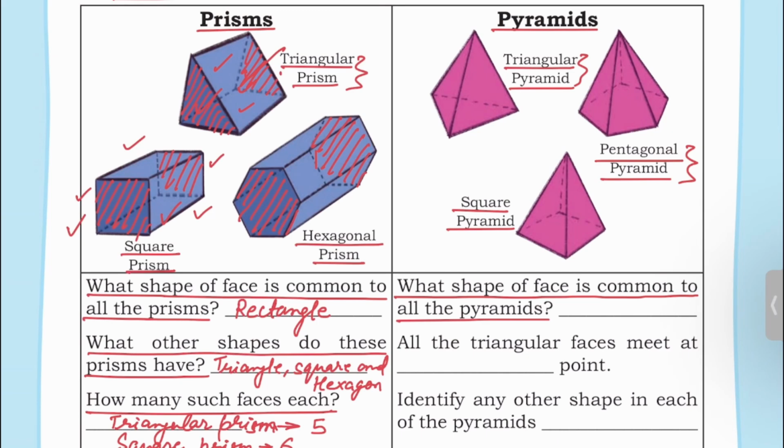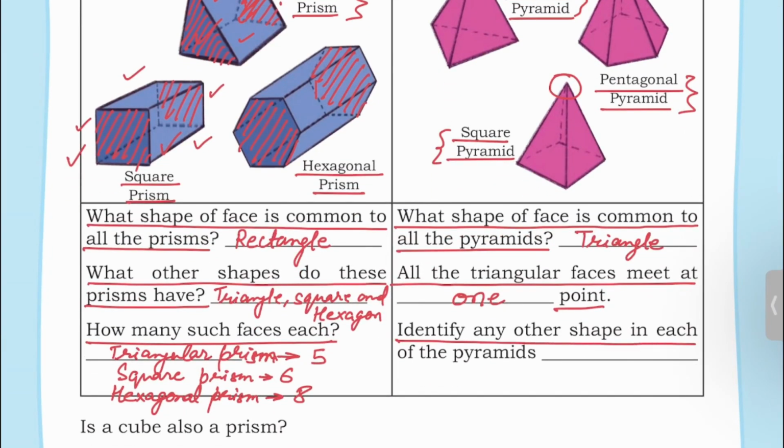And in the square pyramid, except the face at the bottom, all faces are of triangle shape. The shape common to all these pyramids is triangle. All the triangular faces meet at one point. You can see all the triangular faces meet at one point.